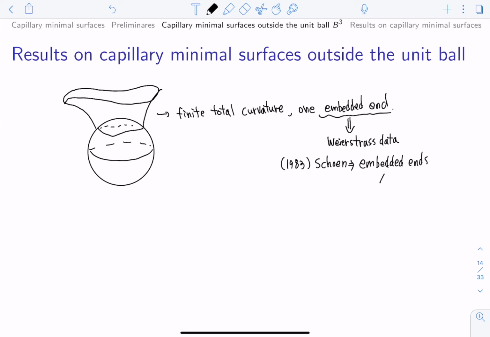One is the catenoidal end, and the other one is the planar one. So we want to show whether this surface outside the unit ball with free boundary is unique or not.